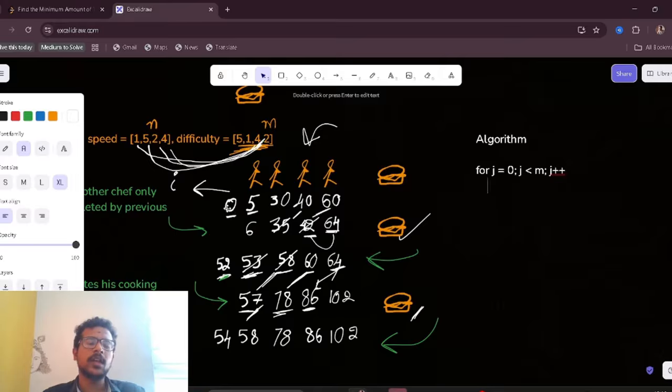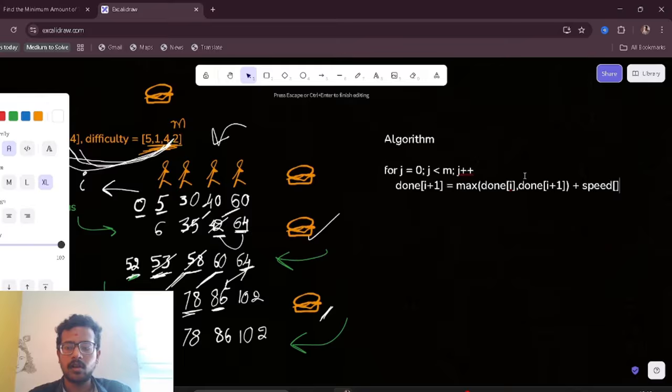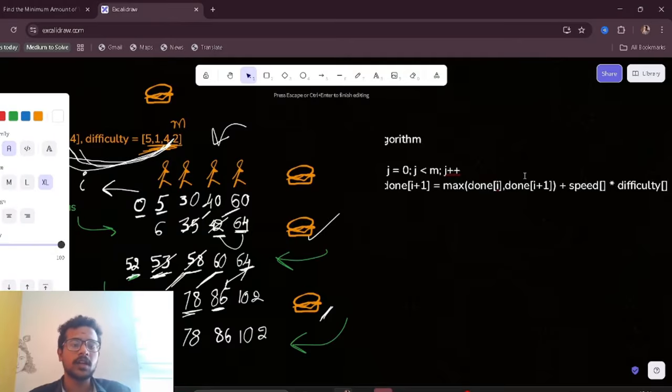So let me name it something like done. done of i plus 1 is equal to maximum of done of i, comma, done of i plus 1, plus I need speed of something into difficulty. Difficulty of, what is this difficulty? Difficulty of j and speed of i.